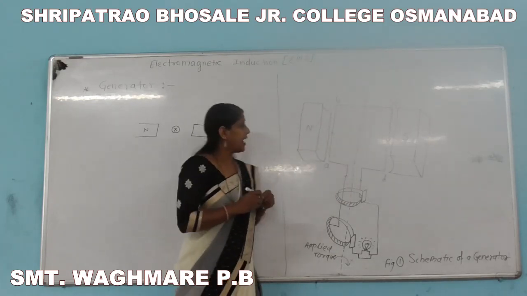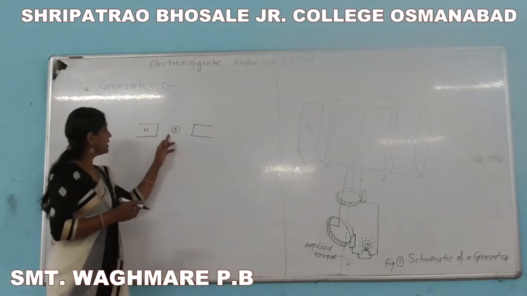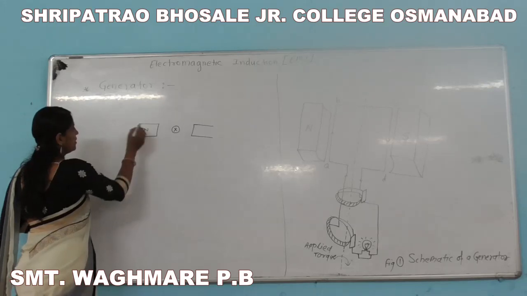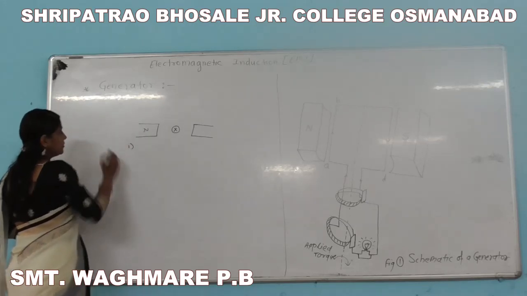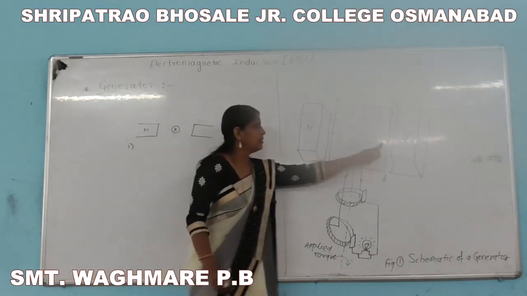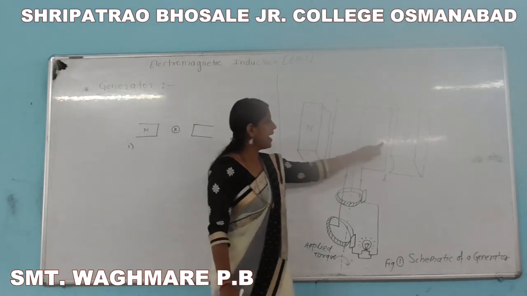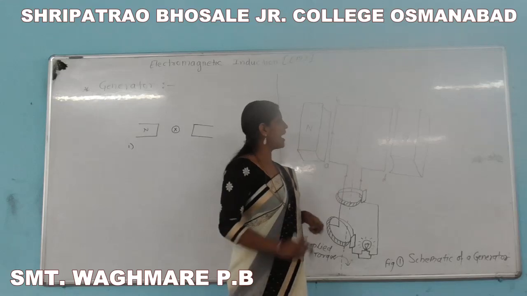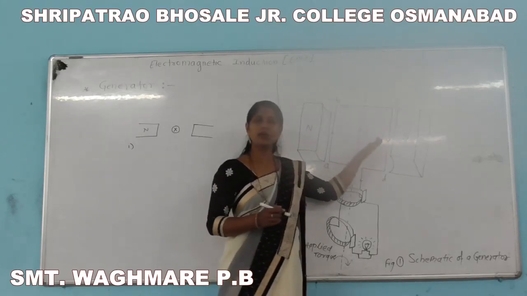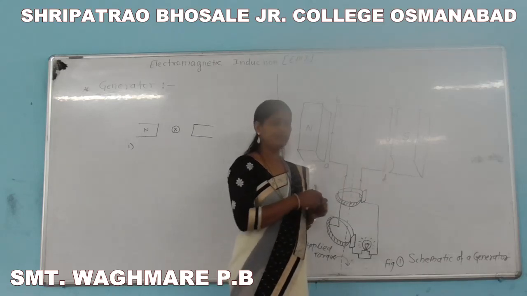Then again we can apply it. This is the first figure. Here we apply the right hand generator rule on the side CD. How will the current flow on this side CD?